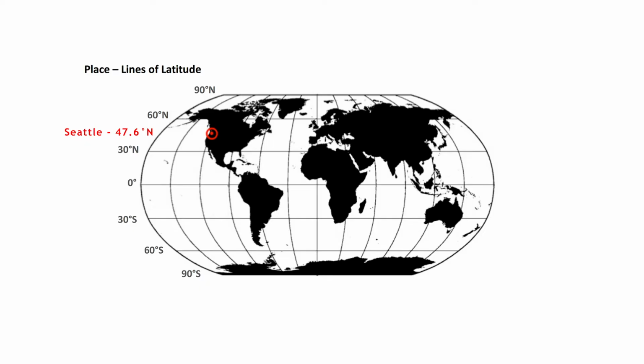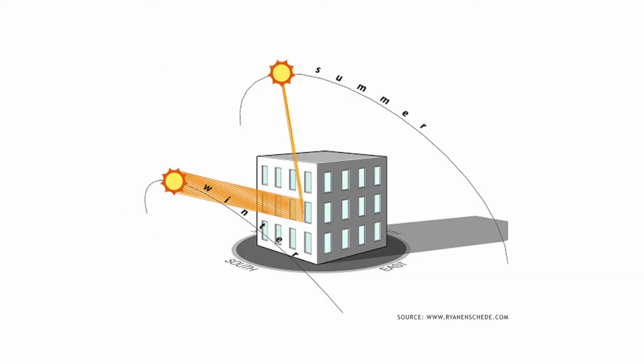This project is situated at latitude 47.6, which is exactly where Seattle is. Where you are on the globe impacts how the sun tracks across the sky and thus how the daylight enters an interior space. We're not really going to worry about that too much in this project, but it's good to know.